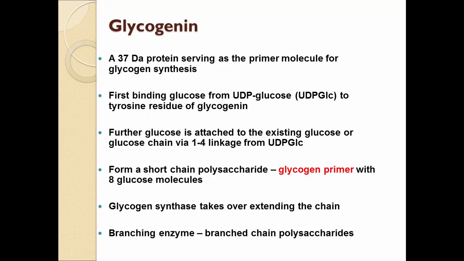Okay, so once you form the short chain of glucose, which contains 8 glucose units, then glycogen synthase will take over the job of adding more glucose to extend the glucose chain, right?